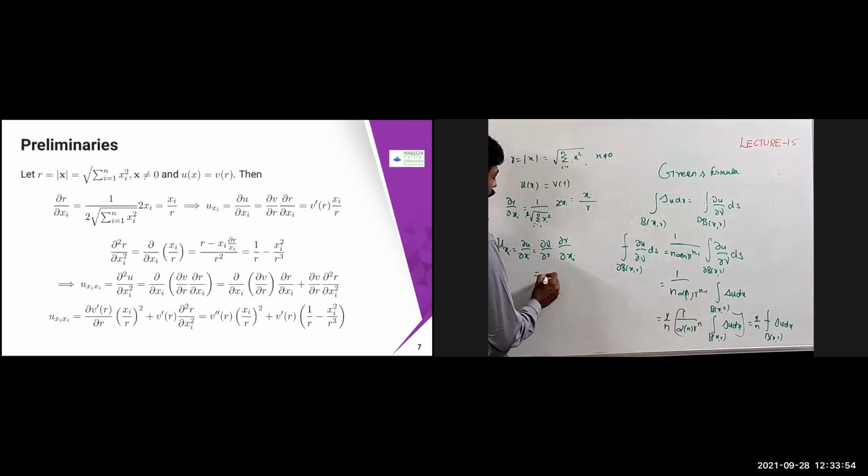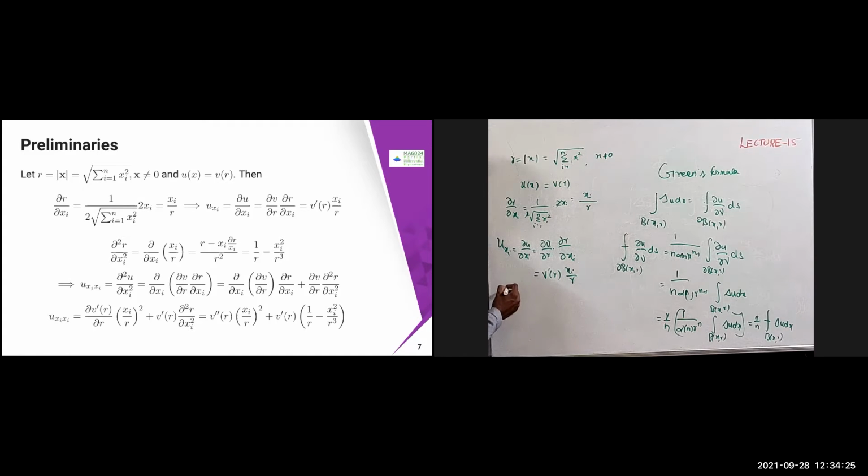So that is going to be v dash of r, because v is a function of only one variable, r, which is a real number. So v dash of r into xi by r. Just here it is a vector, here it is a single parameter. V dash means it is nothing but dv by dr into xi by r. This is dou r by dou xi.